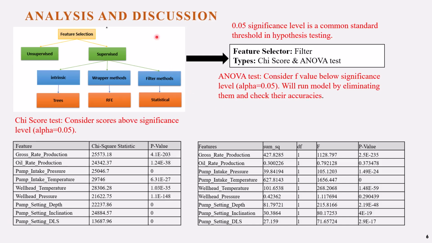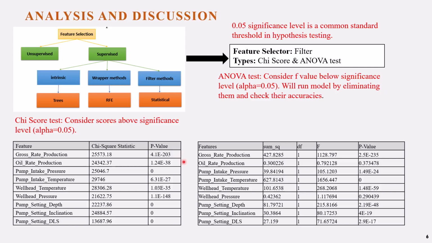Those 9 selected features were run through a feature selection test. We mainly use the filter method with two types, called chi-score and ANOVA test. To confirm that those features are appropriate, we look at a significance number called alpha, which is 0.05. From the chi-score test, we saw that all of these features show less than 0.05 significance.